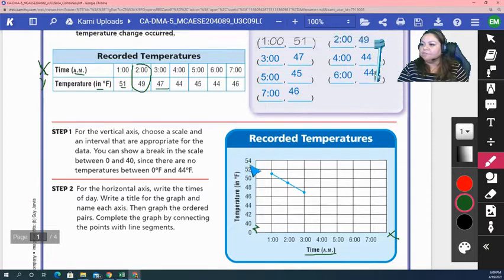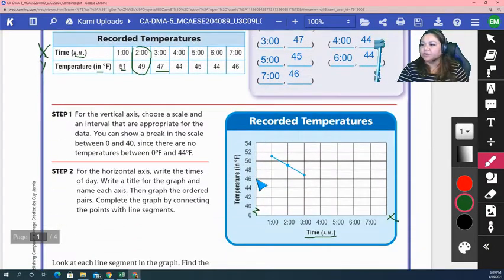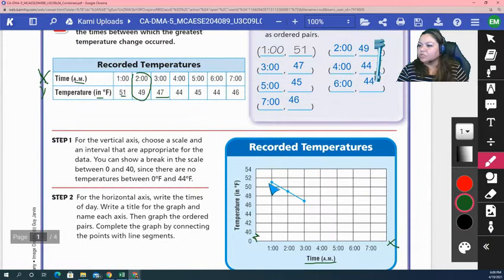So make sure that when it's your turn to record something or make a table, that you use reasonable data, or you write a scale, or you spread out your numbers so that you have enough to graph your information, but also that it's going evenly, either by twos, by threes, by fours, by fives, whatever works out better.